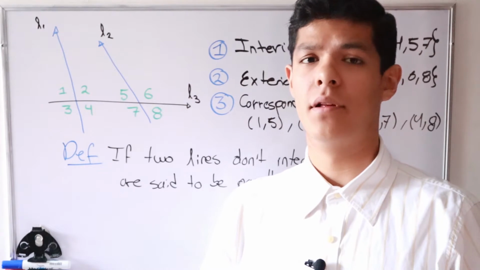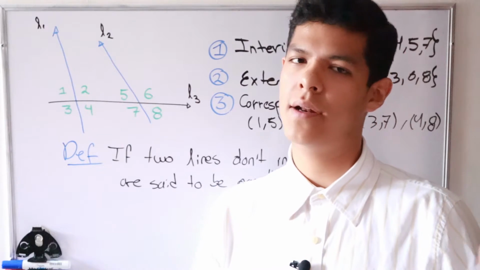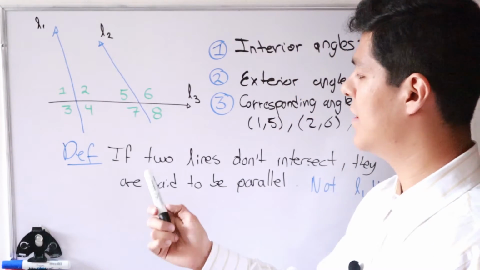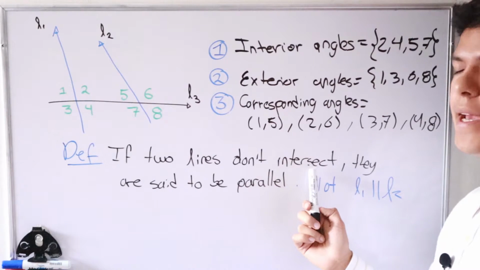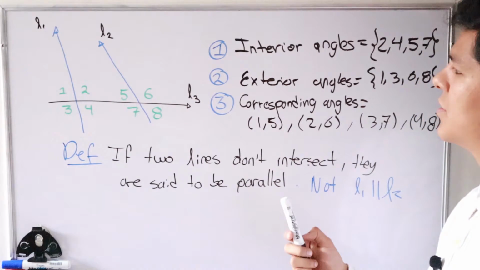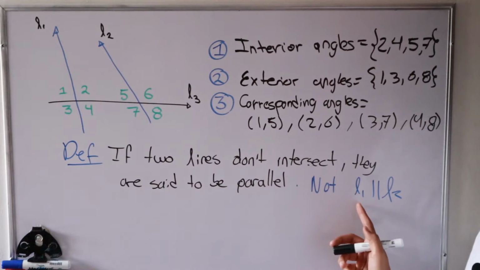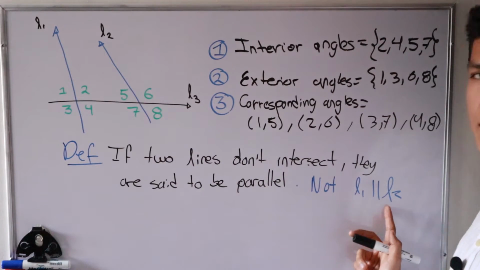So we're capable to define what is parallel. If two lines don't intersect, they are said to be parallel. The notation that we are going to use is that L1 is parallel to L2.